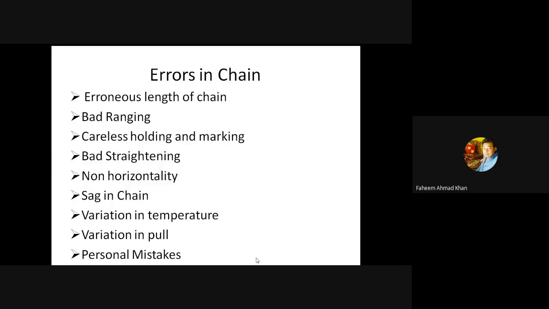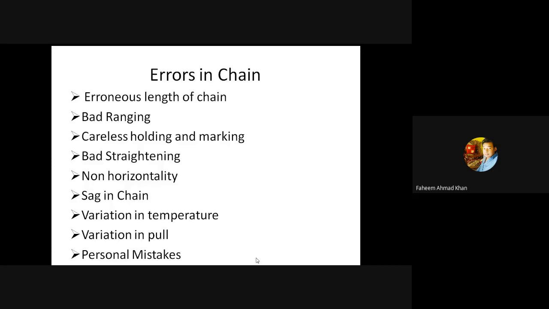This causes a variable systematic error. So the error of marking due to an inexperienced chain man is often of cumulative nature. It will keep on adding. But with ordinary care, such errors tend to be compensated. So this is not a very alarming error, but you will have to keep it in mind.